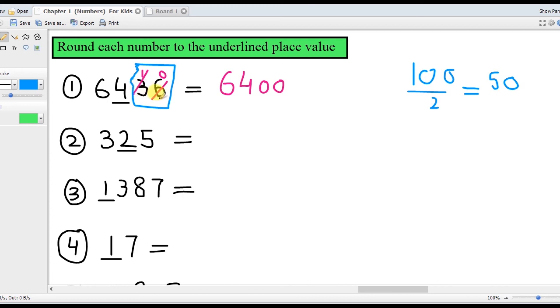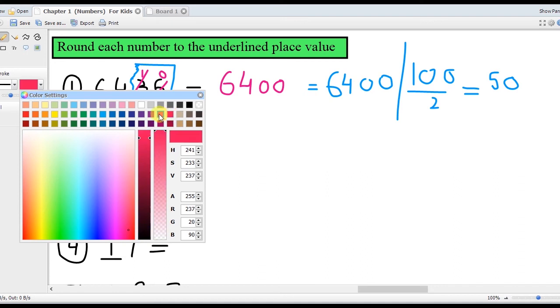This is 36, right? Is this less than 50 or more than 50? If it is less than 50, we have to round it down. If it is more than 50, we have to round up. Since this is less than 50, we simply write 00 here. So this would give you 6400, right? Okay, moving on to the next question.